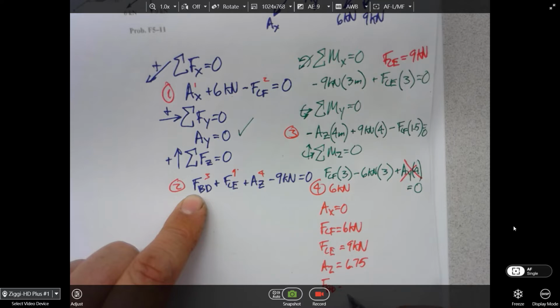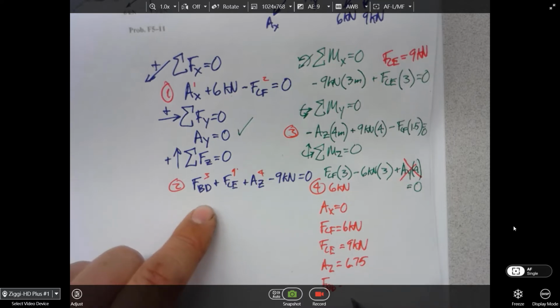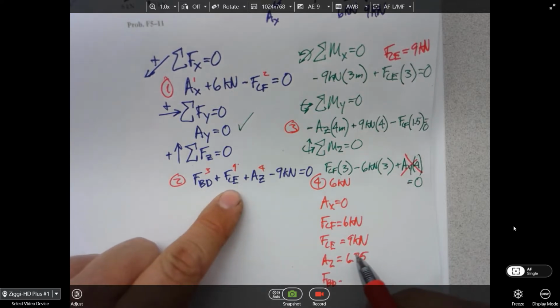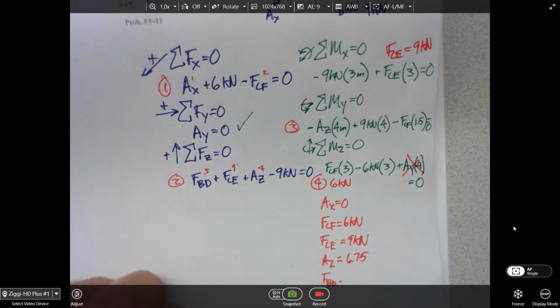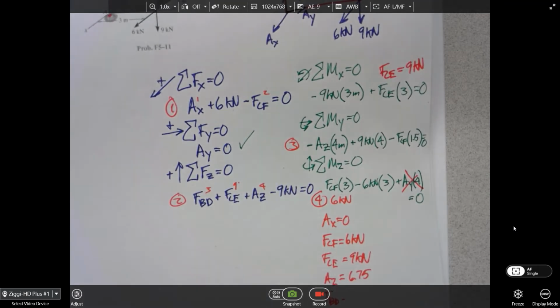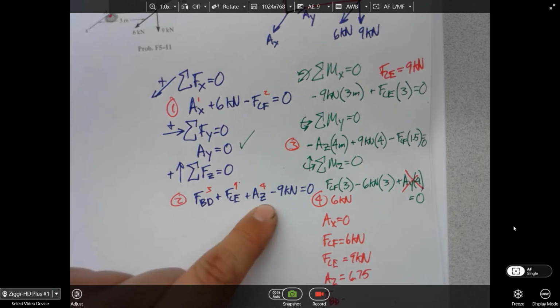That can't be right. Yeah. And AZ. Oh yeah, sorry. So it's 6.75. FCE is 9. AZ, what did we find?